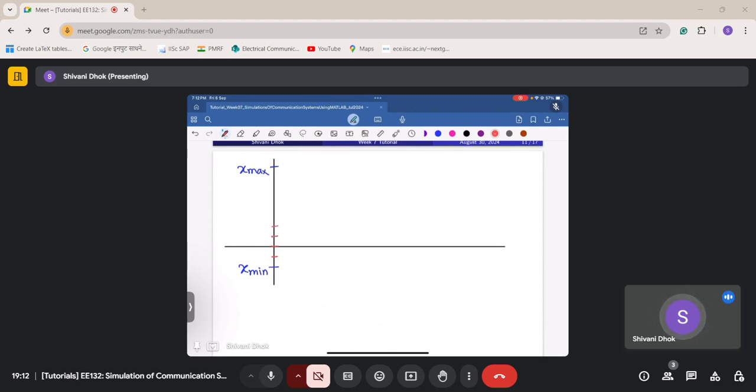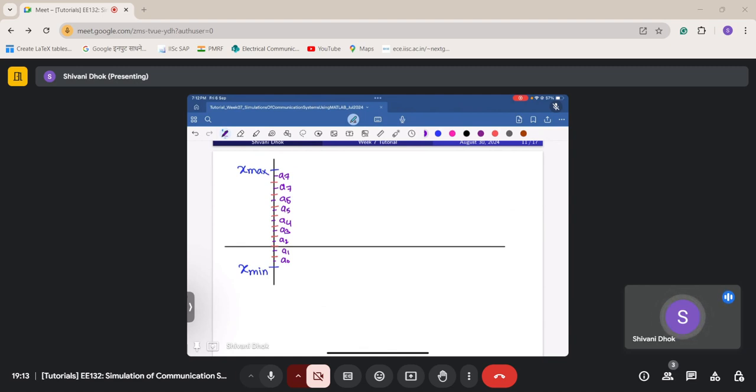After every delta, we'll have an interval, and then we'll have some thresholds. So A0, A1, A2, A3, A4, A5, A6, A7. These are your quantization levels.